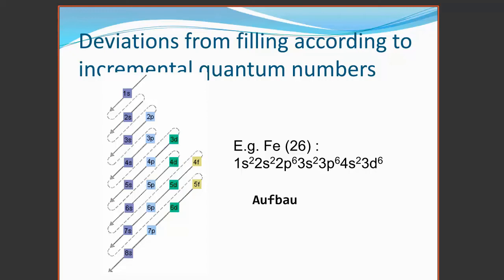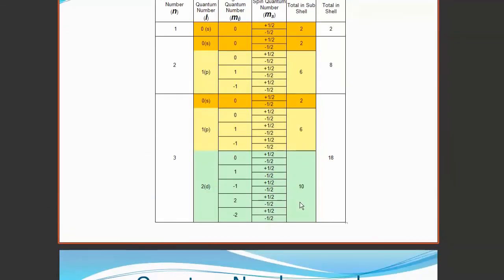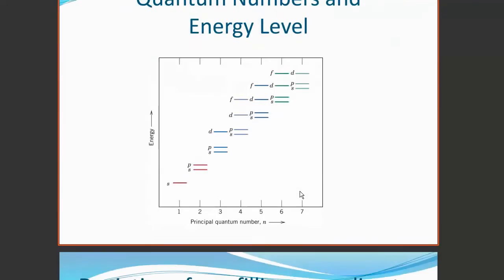Up to this point we have completely filled the subshells, and we have accommodated 20 electrons. However, the d shell, which we showed in this diagram, can accommodate 10 electrons.